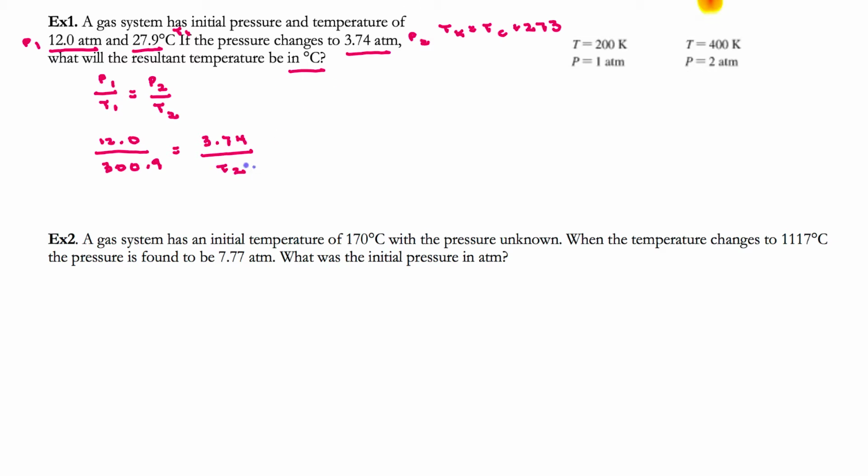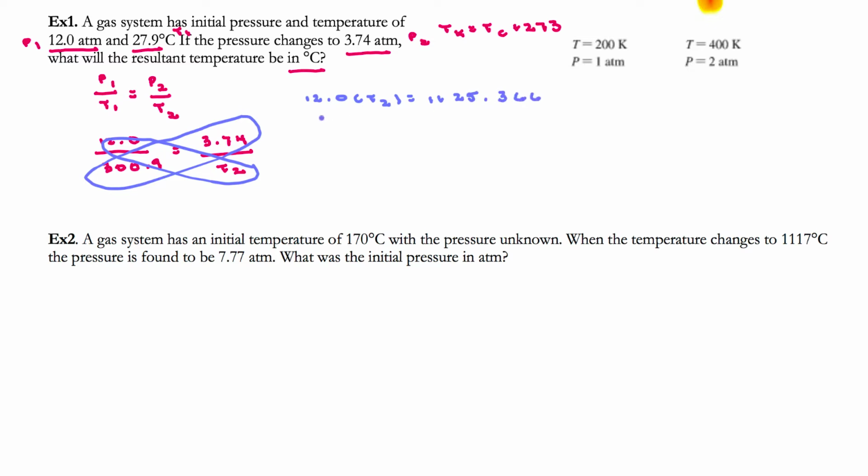Okay, so I'm going to cross multiply. So what this gives me, I have 12.0 times my T2, and that equals 300.9 times 3.74, and that is unrounded 1,125.366.